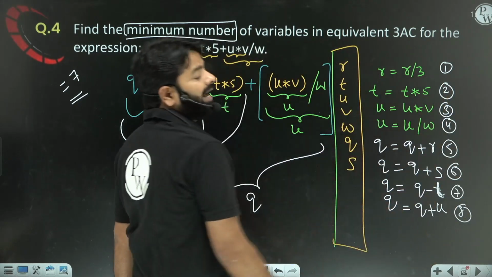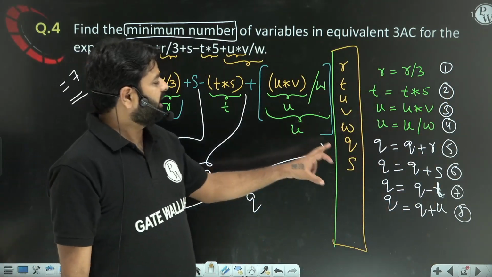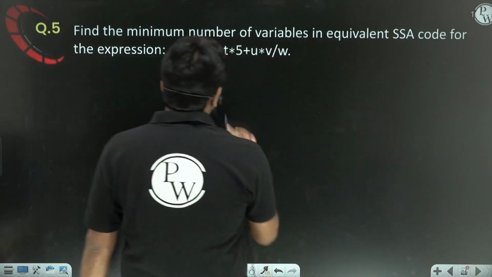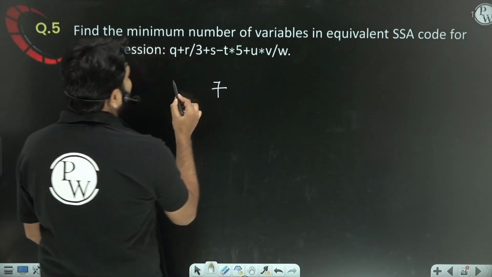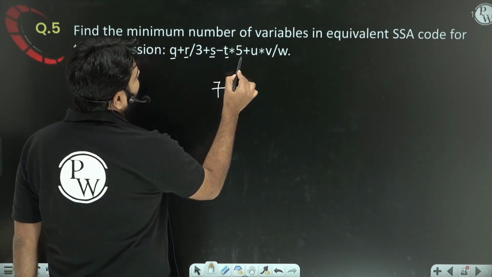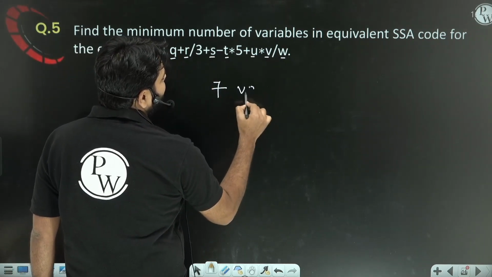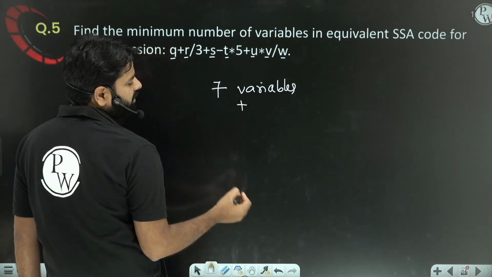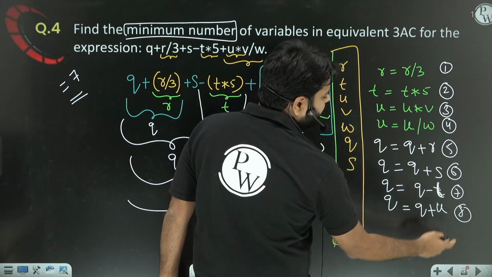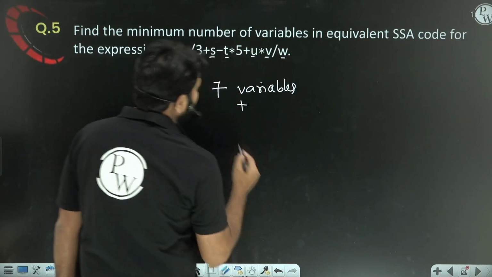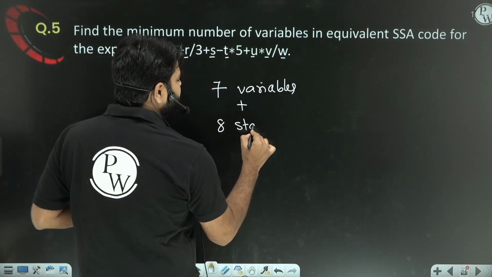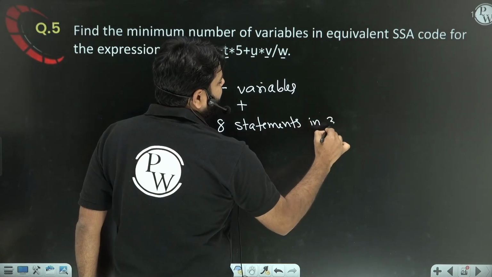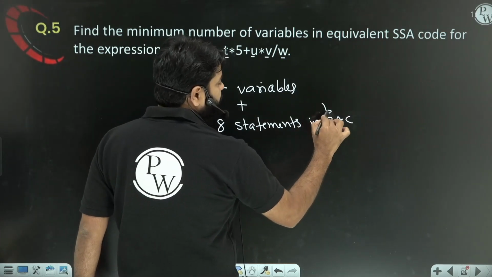Total here 8 instructions and 7 variables. 7 plus 8, how much? 7 variables we already have, plus the 8 instructions, 8 statements in 3 address code, best 3 address code, that too.